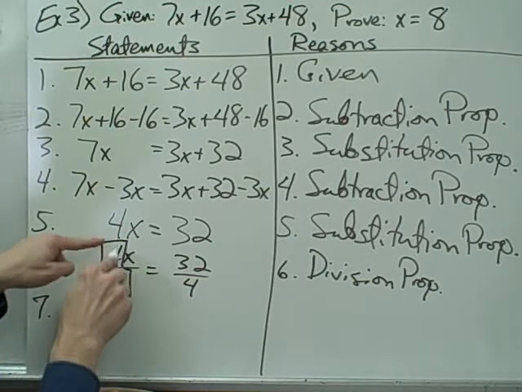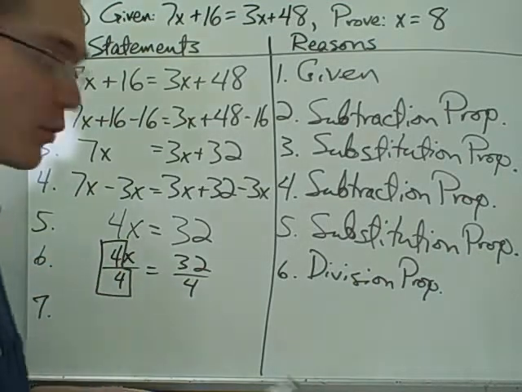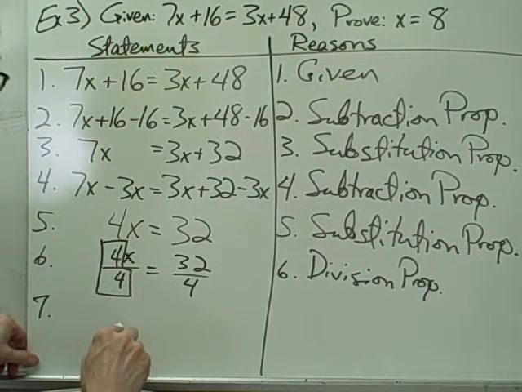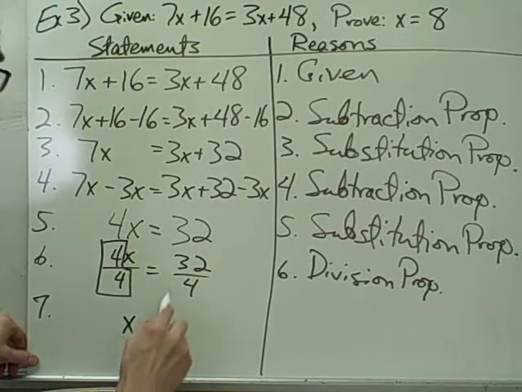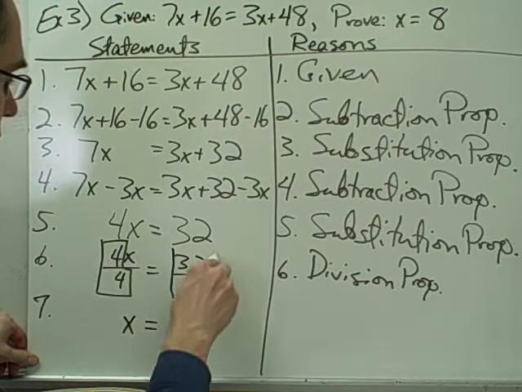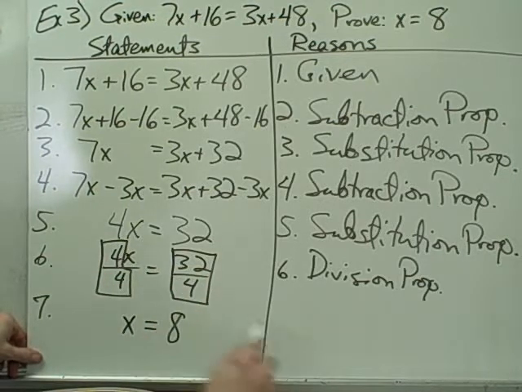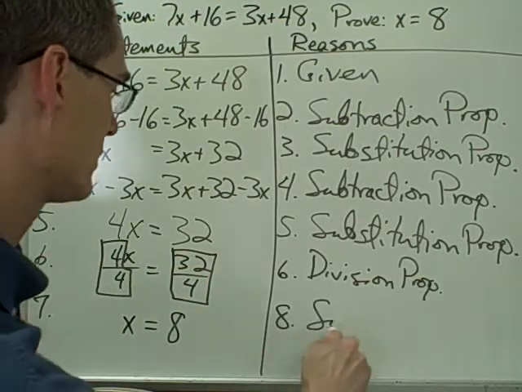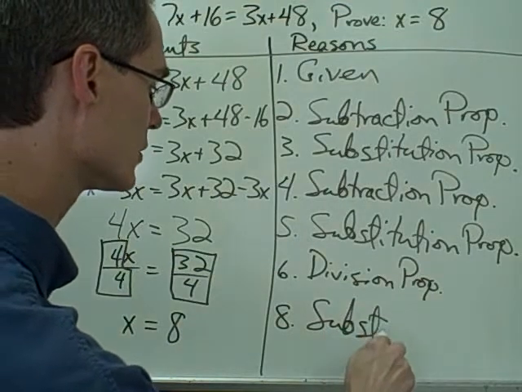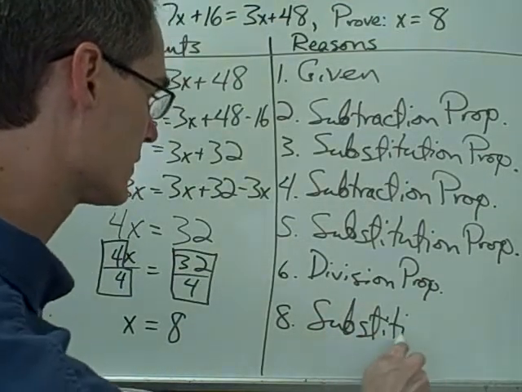Here I'm going to substitute the value 1 for 4 divided by 4, so that's going to be 1x, or just x. And I'm going to substitute the value 8 for 32 divided by 4. So that's, once again, the substitution property.